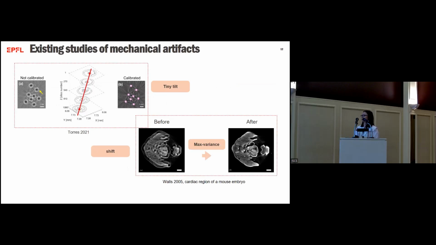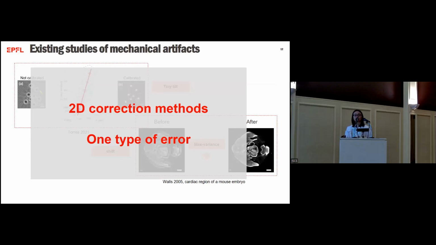So for now, we have looked at these existing studies on mechanical artifacts, either a tiny tilt or a shift of the sample. They are all 2D correction methods, and they only focus on one type of error. So naturally, we want to ask ourselves if we can characterize all these different types of artifacts and then eventually design an algorithm to correct all of them.